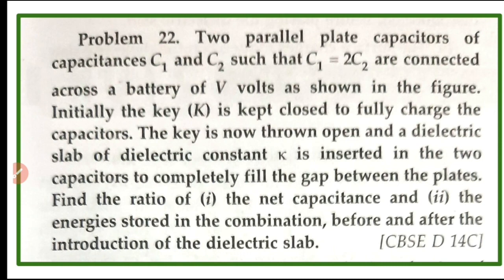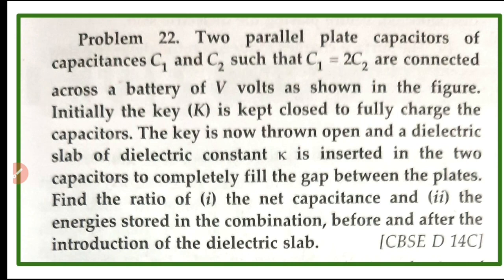Now coming to the next question. Two parallel plate capacitors of capacitances C1 and C2 such that C1 equal to 2C2 are connected across a battery of V volt as shown in figure. Initially, the key K is kept closed to fully charge the capacitors. The key is now thrown open and a dielectric slab of dielectric constant K is inserted in the two capacitors to completely fill the gap between the plates.